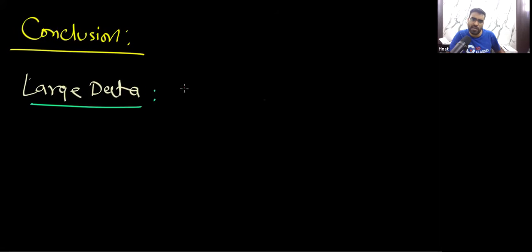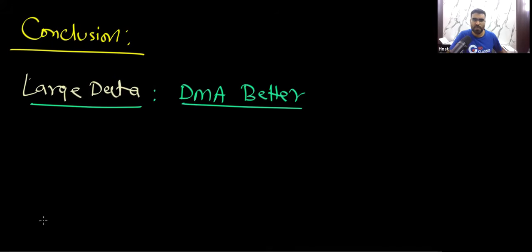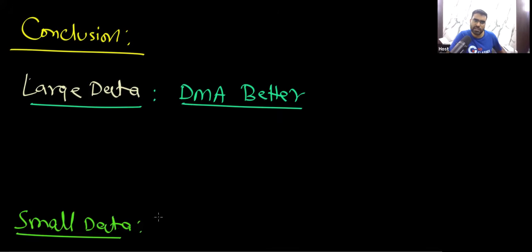If you have large data, then DMA is better. Is this clear? And if you have small data, then interrupt driven IO is better.